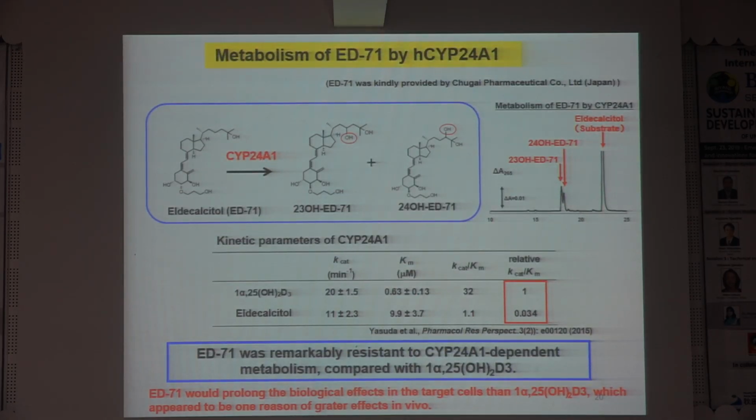We further examined this system using the ED71 as a model analog, and we found after the HPLC result that this analog has remarkable resistance to the CYP24-dependent metabolism compared to its mother compound. And we believe that ED71 is used in the osteoporosis treatment, and this vitamin D analog has the biological effects because it has resistance to the CYP24 metabolism.